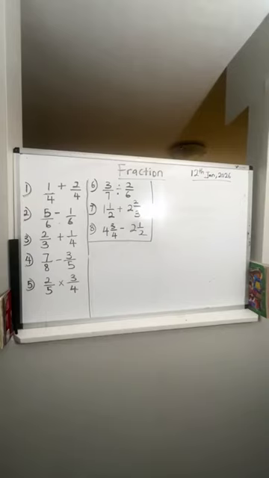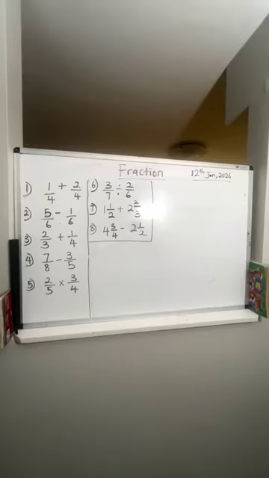Now, we have 8 questions on the board, and these 8 questions come in different ways. So we are going to take it step by step so you know how to solve it. Number 1, we have simple addition. 2, we have simple subtraction. Number 3, we have addition with different denominators.